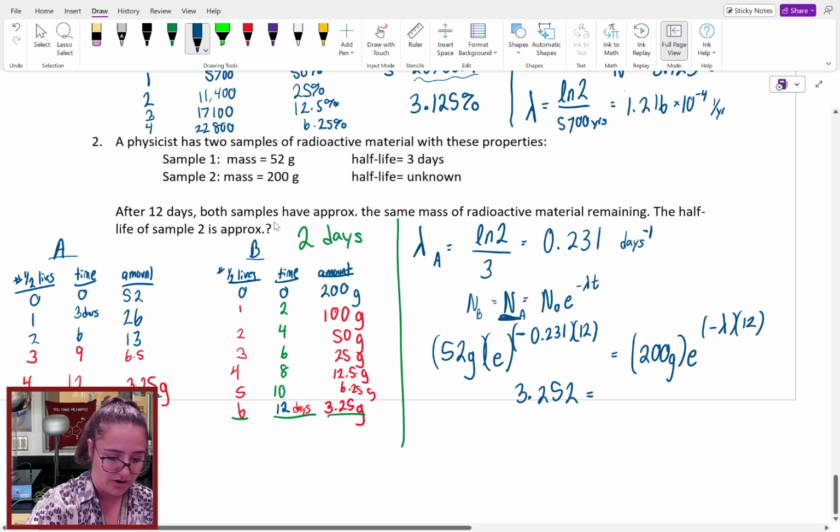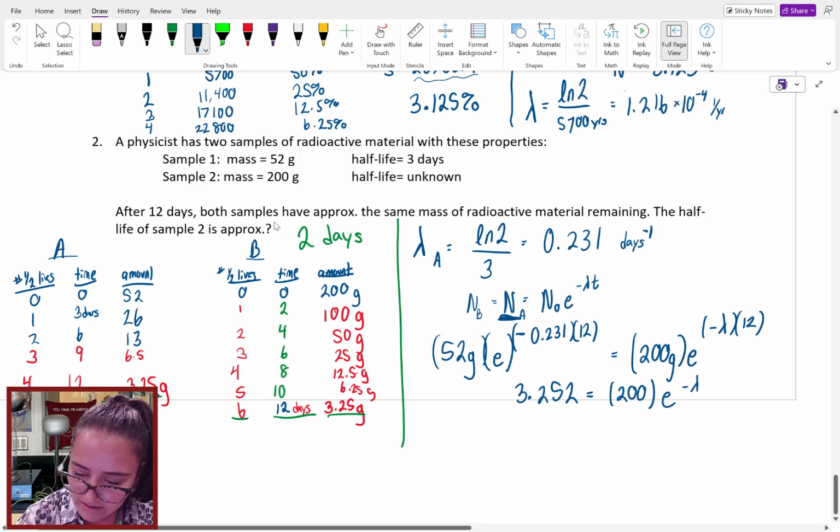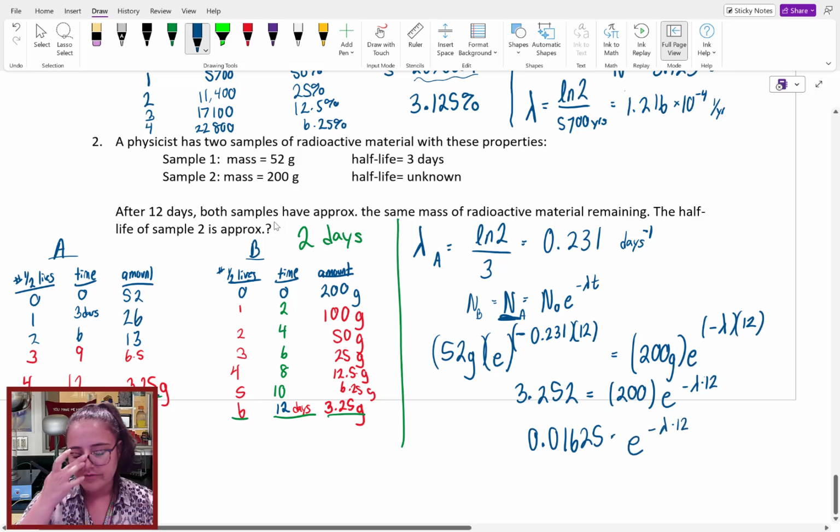We had already gotten that over here. That equals 200 times e to the negative decay constant times 12. So I'm going to divide that by 200, and we get 0.01625 equals e to the negative decay constant times 12.